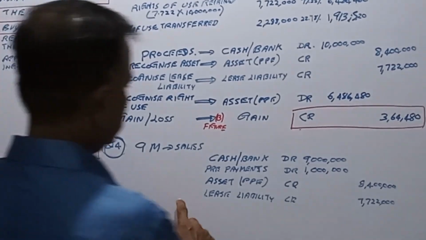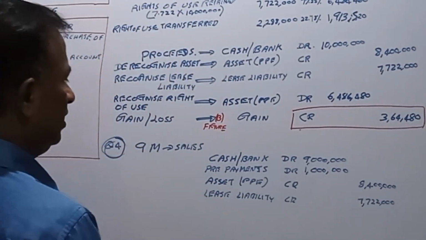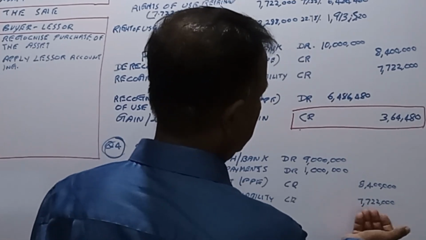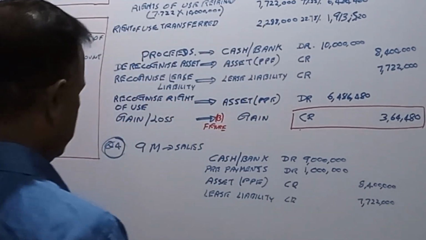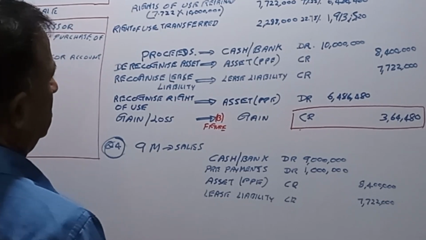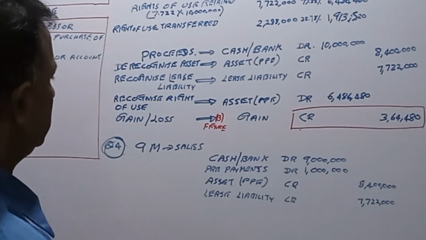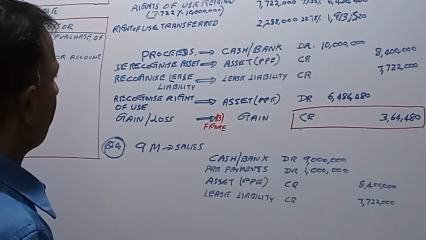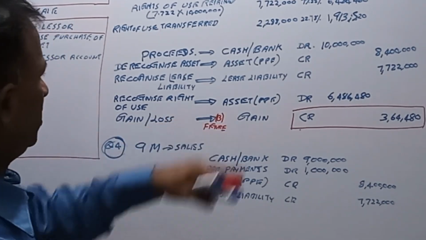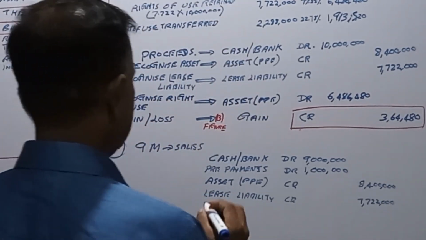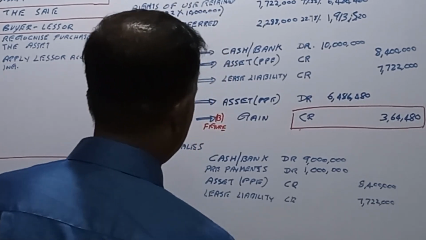Right? So lease liability is credited 7,000 and 722,000, right? 7,722,000 lease liability, right? Then recognizing the asset.